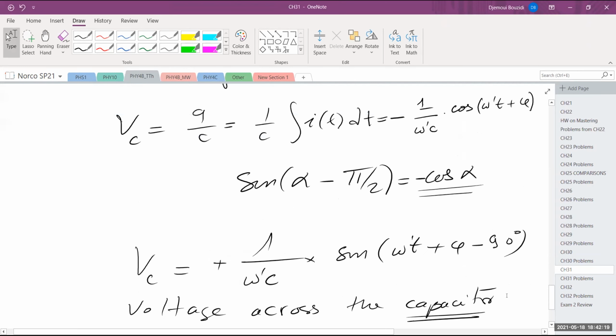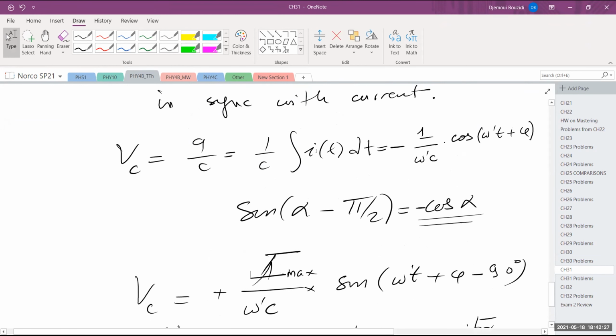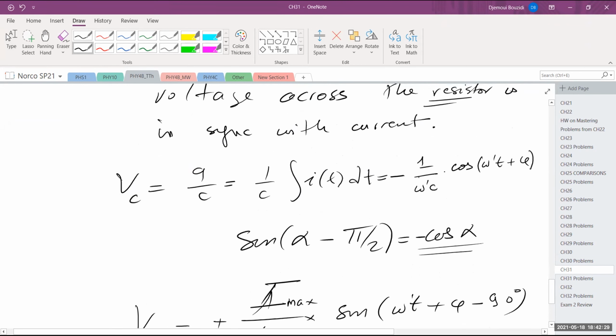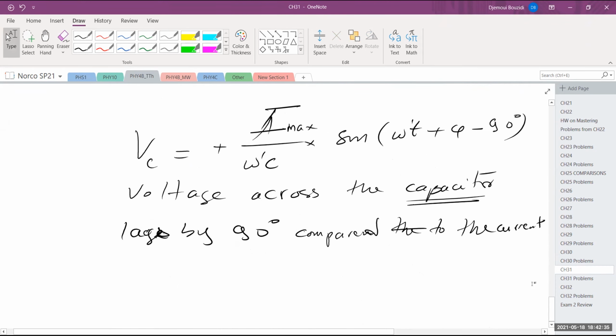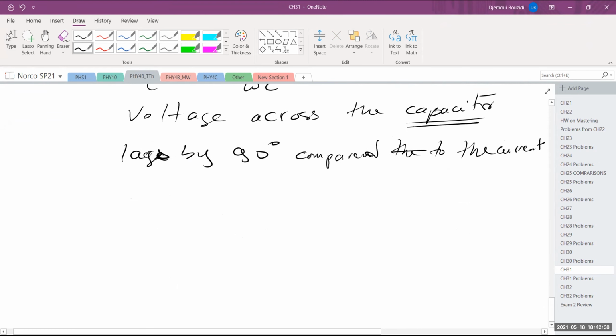Here are the new quantities that appear. Oh, I'm sorry, I have Imax. I forgot about Imax in here. Remember, we took the integral of I, and I has an Imax in it. So this is the situation we're looking at. If the current is Imax sine of some argument, it doesn't matter what that is, omega prime t plus phi.